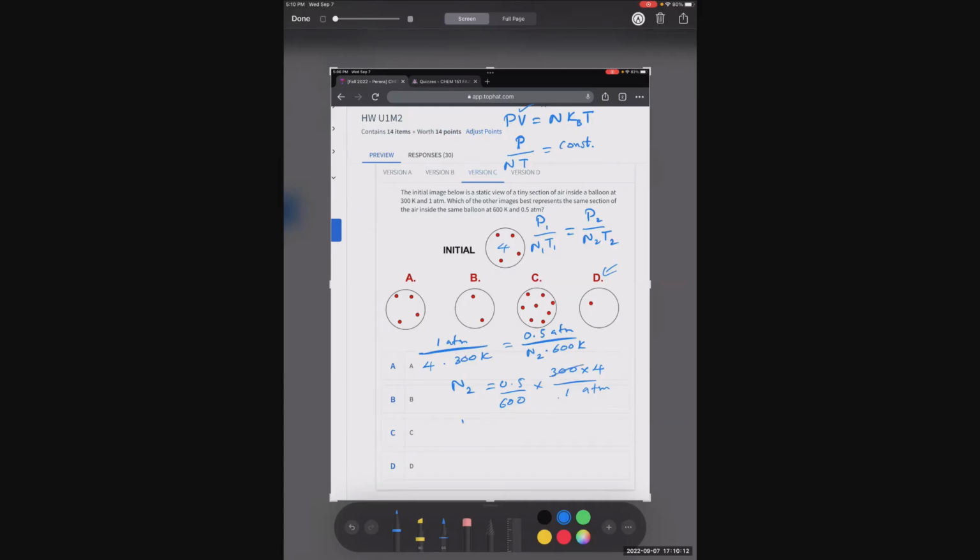We have 300 canceling out, we're going to have 2 here and 2 here, and then this is 0.5. 0.5 times 2 is 1. So N2 is going to be equal to 1. So you're going to have only 1 particle of gas in there. That's how we get 1 mathematically as well. So basically what we are doing here is practicing applying the ideal gas law. That is it.